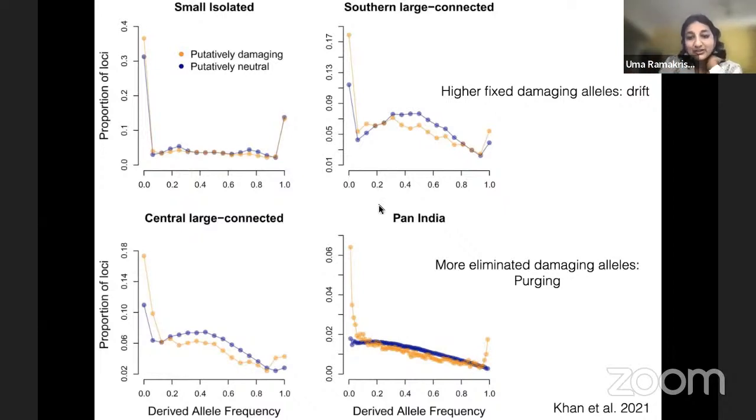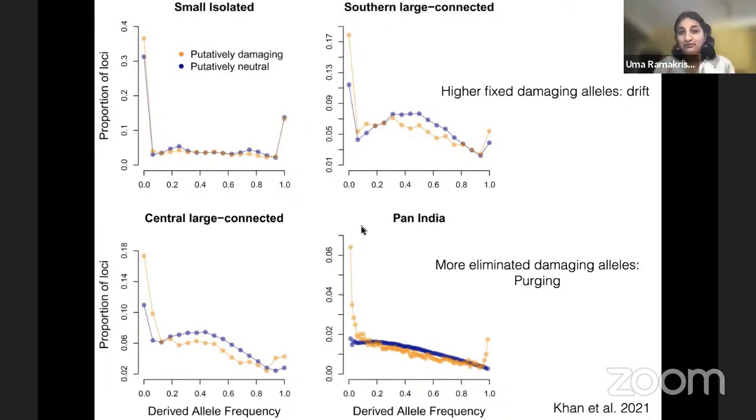You can see that in all cases, most strongly in all Indian tigers, the proportion of loci in the 0 bin and the 1 bin is high. This is basically genetic drift, fixation of loci by chance because they're damaging, and this is basically a signature of purging. That is, those loci have potentially been removed.